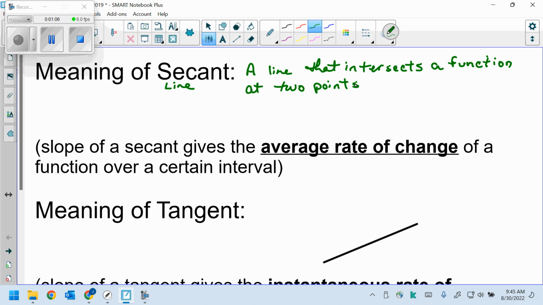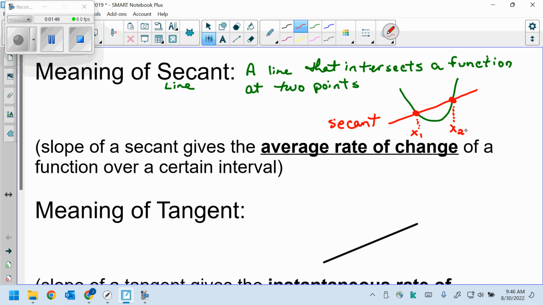So, if I have a function that looks something like, let's give it a x squared-ish kind of a look to it, and I draw a line that goes like this. This red line that I've drawn is a secant line because it intersects this function at 2 points over an interval that starts at some x value, maybe we'll call it x1, and ends at another x value, let's call it x2.